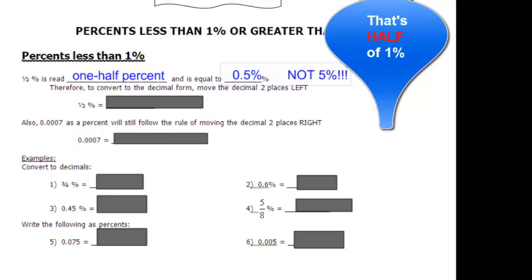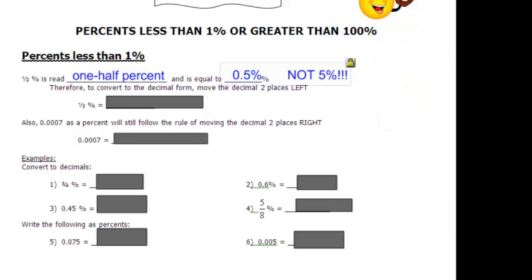Therefore, to convert to decimal form, move the decimal 2 places to the left. So if I want to know what 0.5% is as a decimal, I move the decimal place 2 places to the left, just like any other number. Also, 0.0007 as a percent would still follow the rule of moving the decimal 2 places to the right.